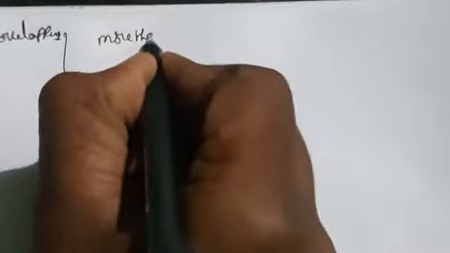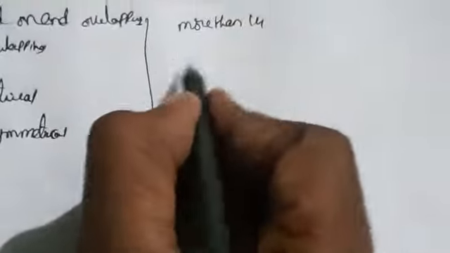Okay. And also if it is more than 14, what will be the electronic configuration we are going to have here?